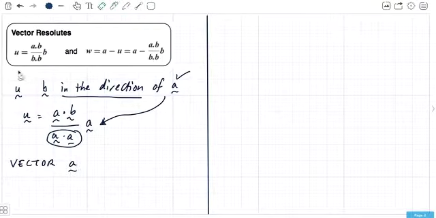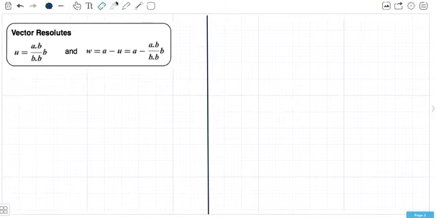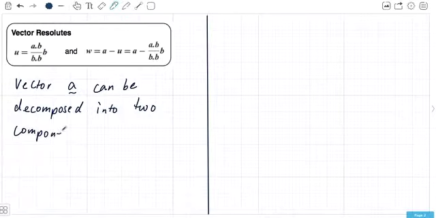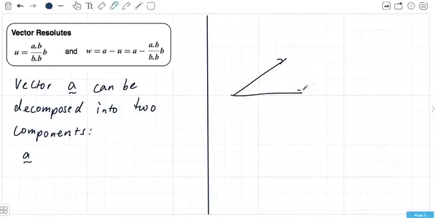So to finish off here, for our full vector, and actually I'll just get rid of this here. So the vector A can be decomposed into two components. And remember that we had this look. I'm just going to roughly draw again.